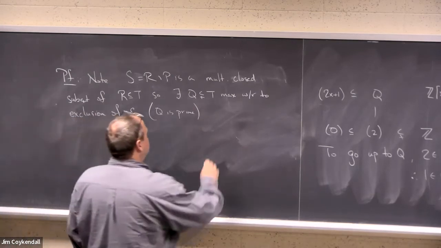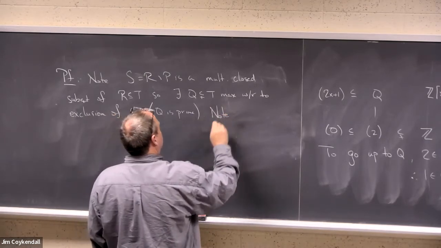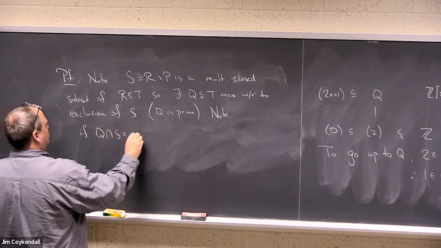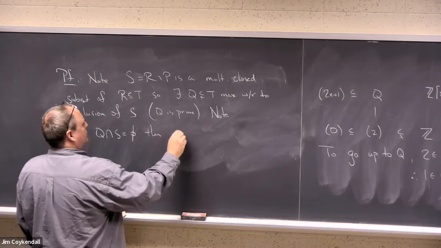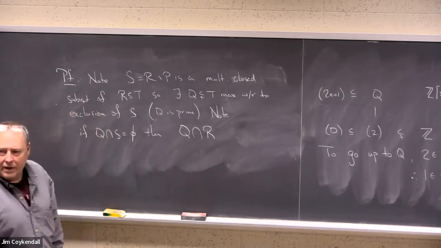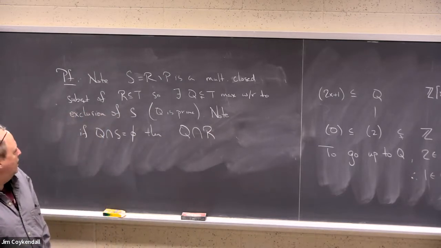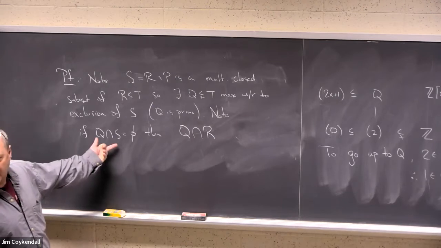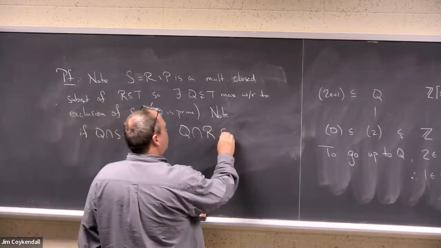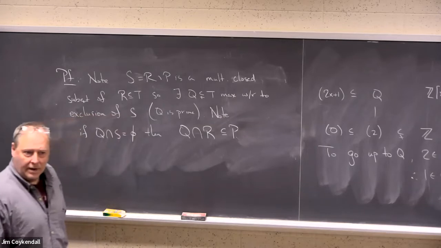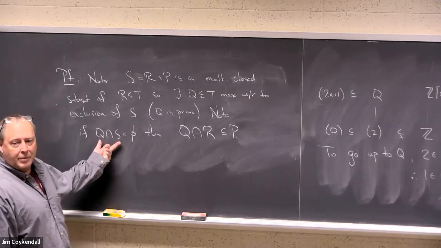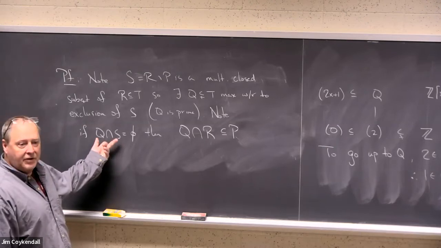Also, let me point out what you can say. Q misses everything that's not in P. So that means this is always the case. Right, because Q misses this multiplicative set S, so it misses everything that's not in P.